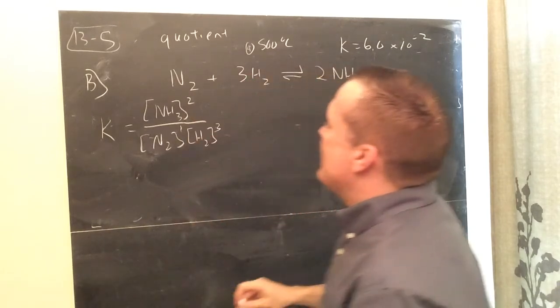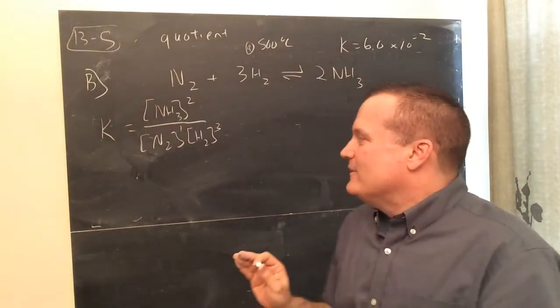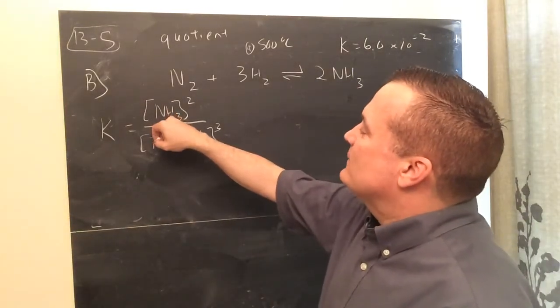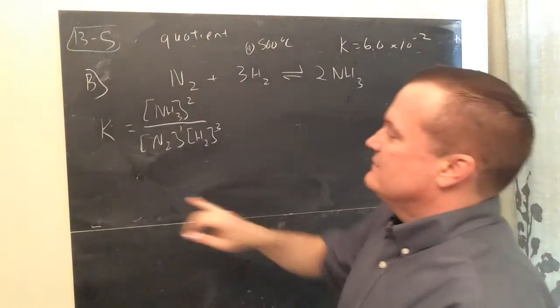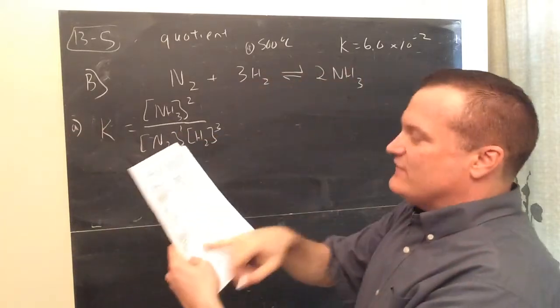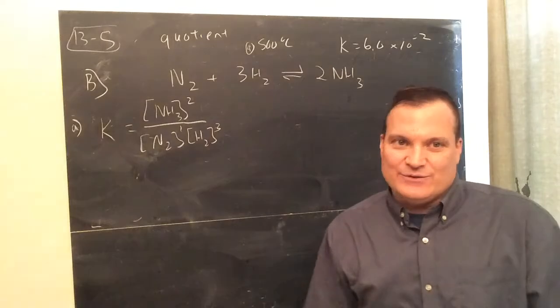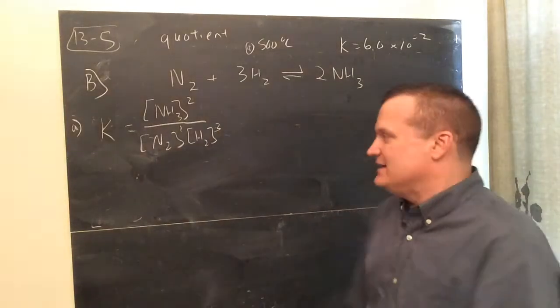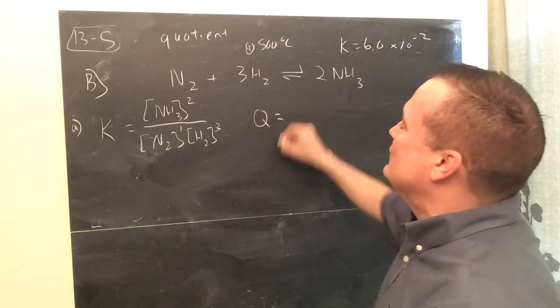Now, if I were at equilibrium, then when I plug in those three numbers from part A, okay, this is B part A, kind of weird, and I get this number right here, that means it's at equilibrium. If I don't, it's not at equilibrium.